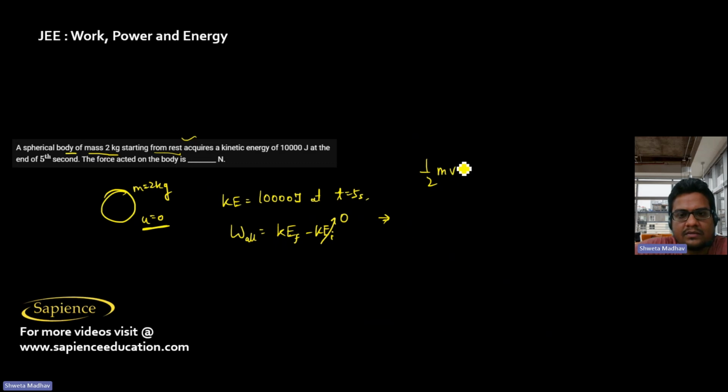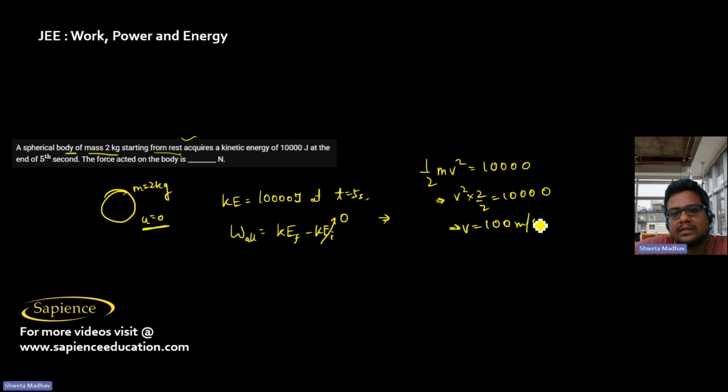So half mv square is 10,000. M is 2, so v square into 2 by 2 is equal to 10,000. So v is equal to 100 meter per second. At the 5th second, v equal to u plus at. So 100 is u equal to 0 plus a into t. T is 5 seconds. So acceleration will be equal to 20 meter per second square.